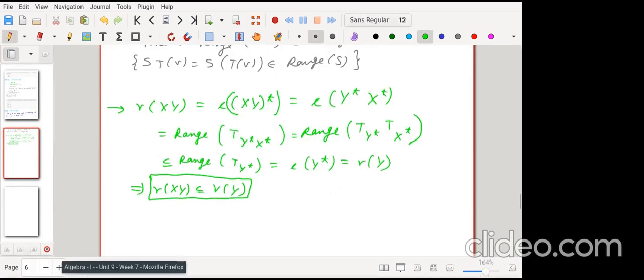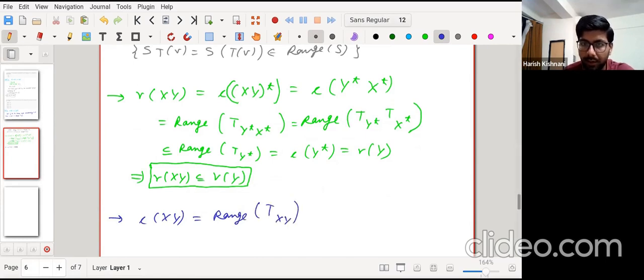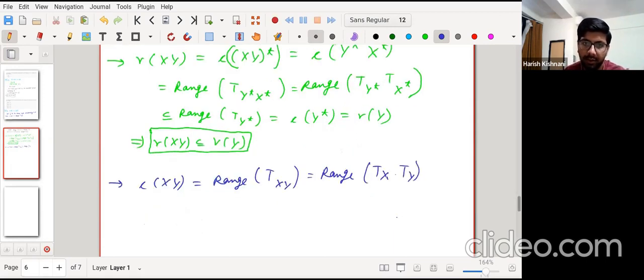Clear, sir. Okay, so let's move ahead. We need to see the same thing for column. Column of XY is simply the range of TXY. Again, use the homomorphism property of this assigning. It is going to be TX dot TY, and then the containment part is going to be inside a range of what?